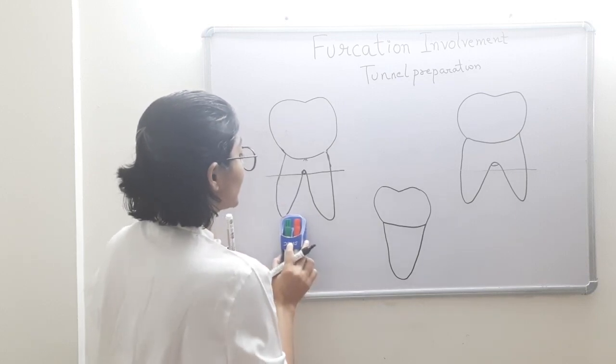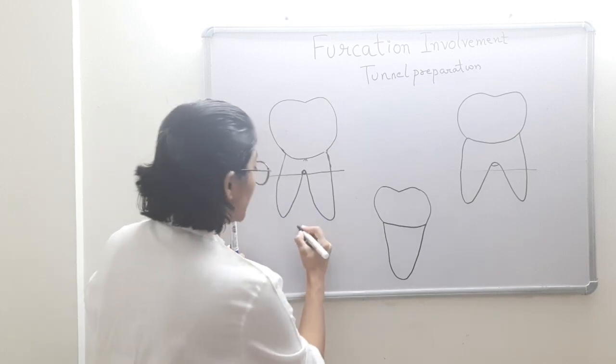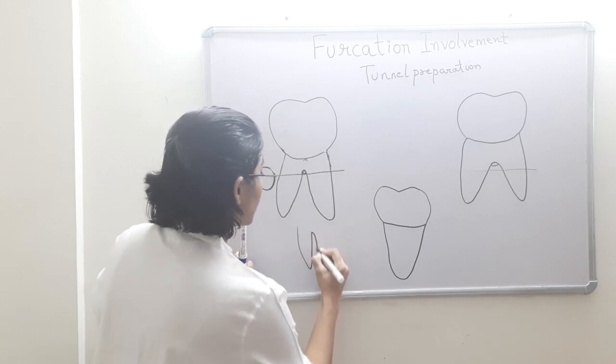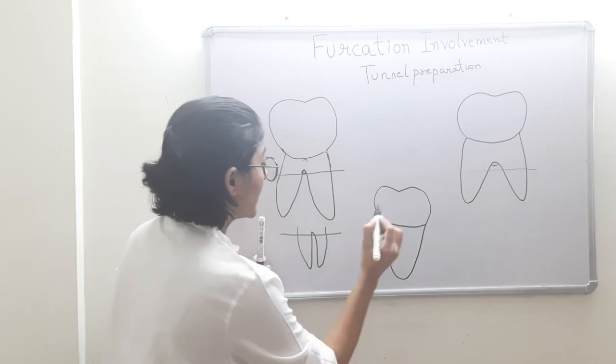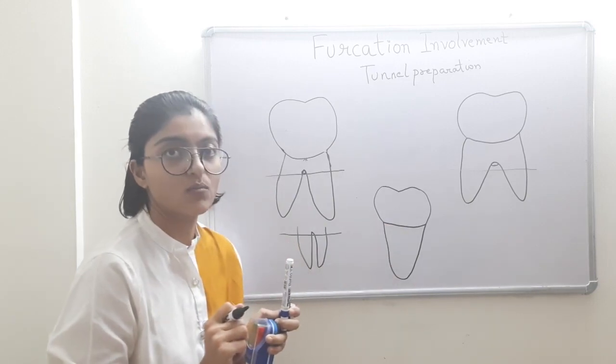Another point is this distance, the divergence. Imagine if we have roots which are something like this. Again, the tunnel prepared would be too narrow.